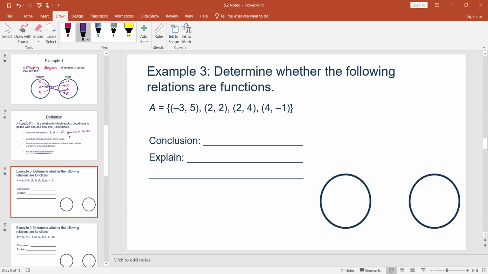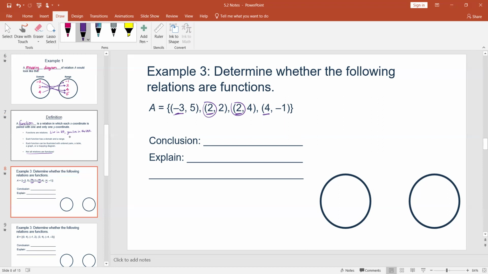So for example 3, our first one, determine whether the following relations are functions. Now, if you're really good at just knowing which numbers to look at, you can very quickly look at this and see we have a repeat of the very first one we saw in example 1. But you see very quickly that you have the x coordinate duplicated in two different ordered pairs.